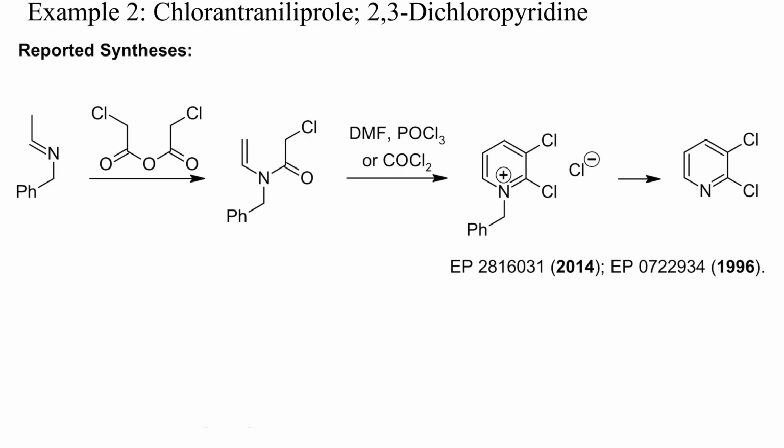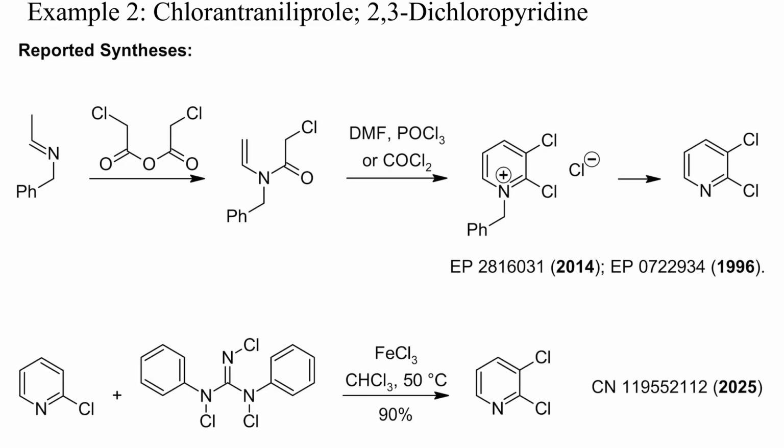There is a strong demand for lower-priced 2,3-dichloropyridine, and people are getting really creative. In this example, the pyridine ring was formed by a Vilsmeier reaction of an N-vinyl chloroacetamide. One problem here could be the handling of acetaldehyde, an extremely flammable compound which requires special equipment when dealt with on a large scale.